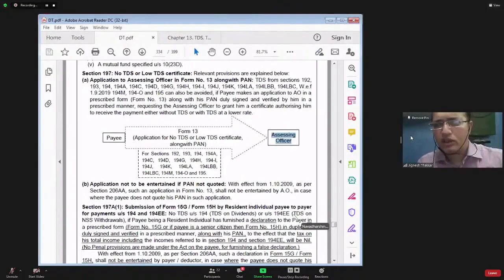So even if tax is deducted at 6%, the entire amount of liability can be easily recovered. So in that case, the assessing officer will issue a low TDS certificate to the payee. In that certificate, the rate of TDS will be mentioned. A copy of this certificate the payee will submit to the payer, and the payer will start deducting TDS at the rate given in the certificate.